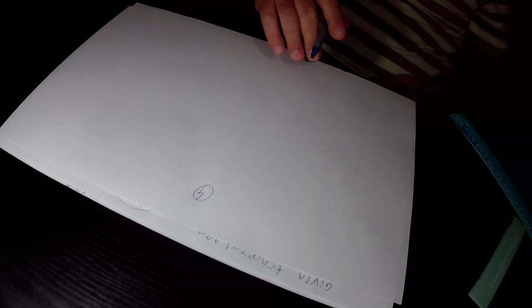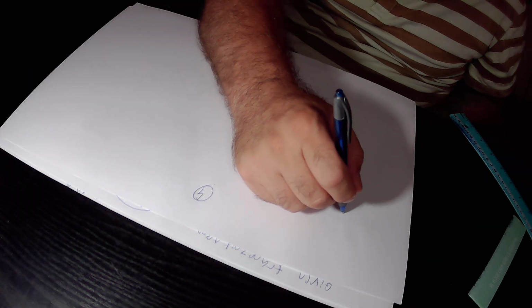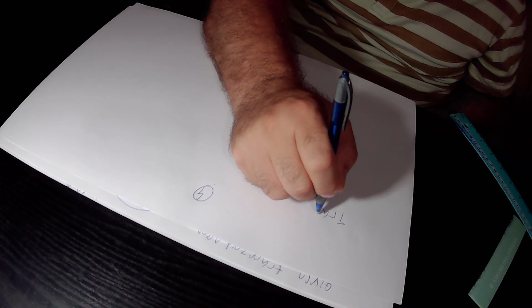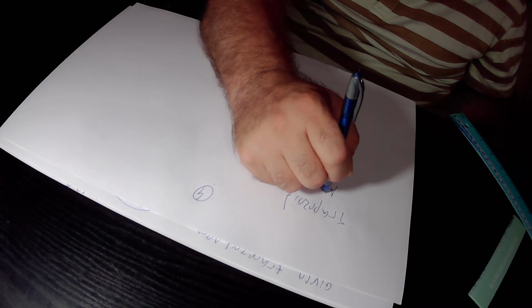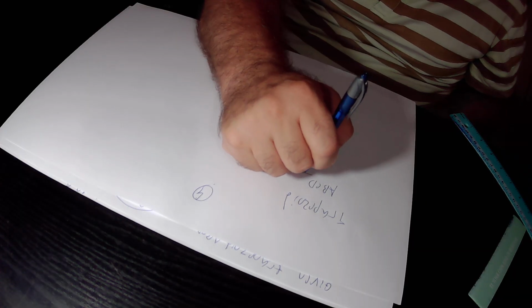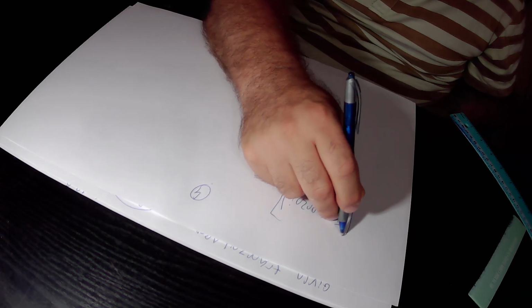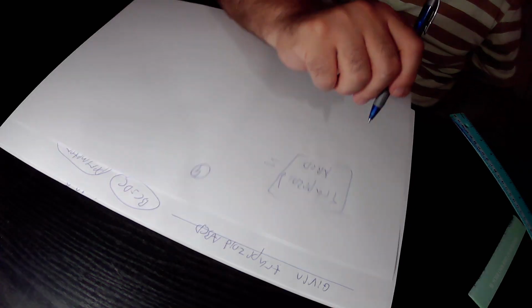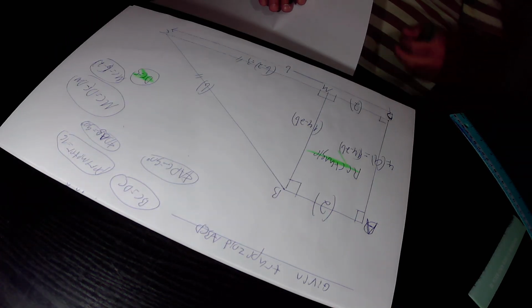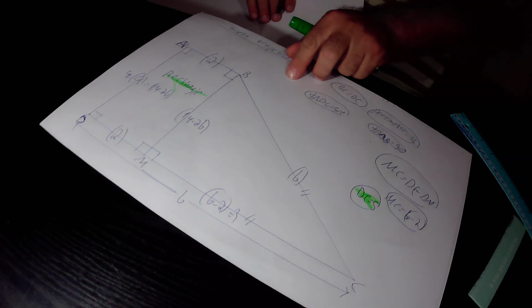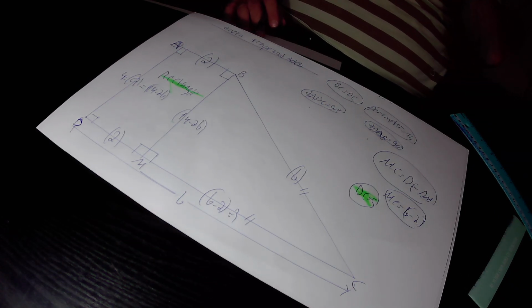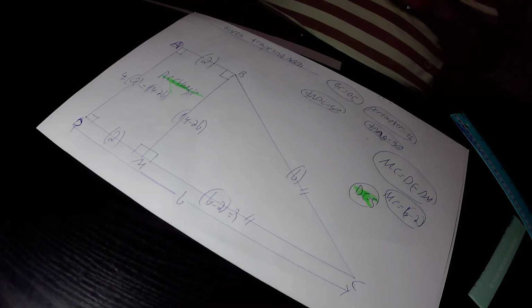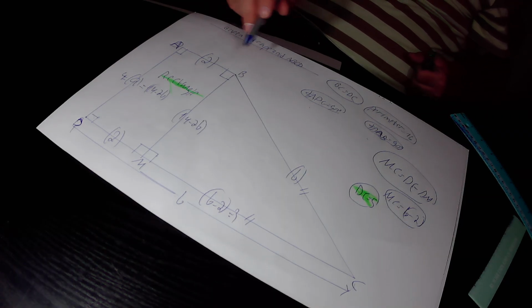We know that the area of any trapezoid equals the sum of its 2 parallel bases times the height over 2. Therefore, the area of trapezoid ABCD must be equal to the sum of its 2 parallel bases times the height over 2. The 2 parallel bases are AD and DC.